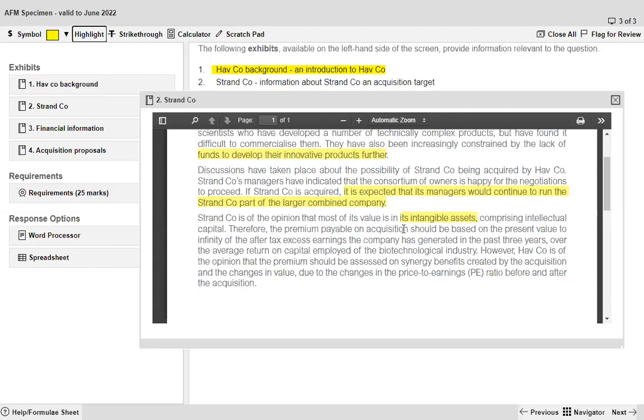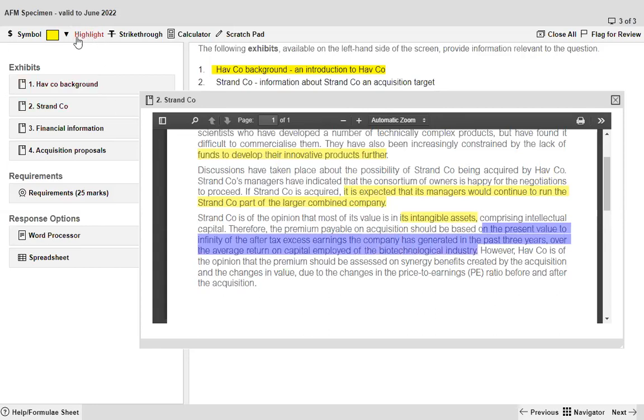Therefore, the premium payable on acquisition should be based on the present value to infinity of the after-tax earnings the company has generated in the past 3 years over the average return on capital employed of the biotech industry.